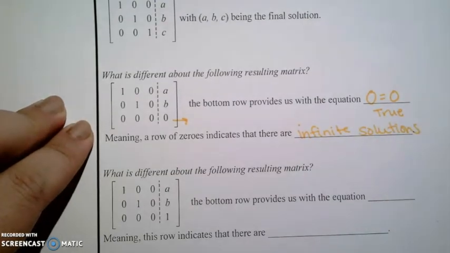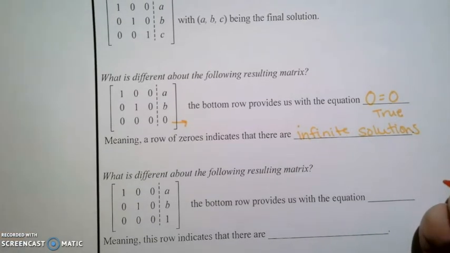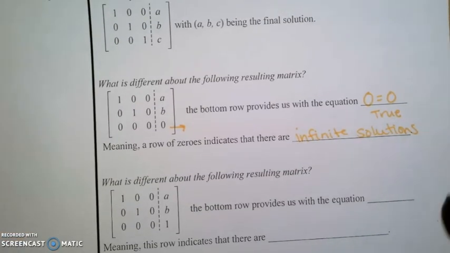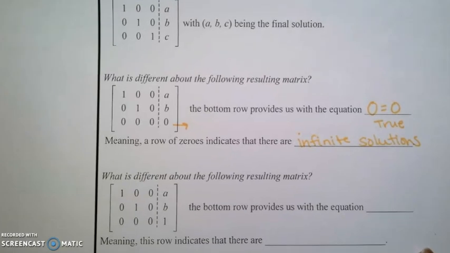Just like before, we cannot write all real numbers. However, just like with our two variable equations, our infinite solutions is a set of ordered triples because we have 3 variables such that, and then we would just include one of our equations. All right.